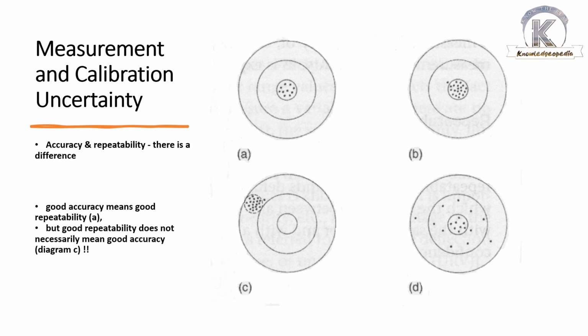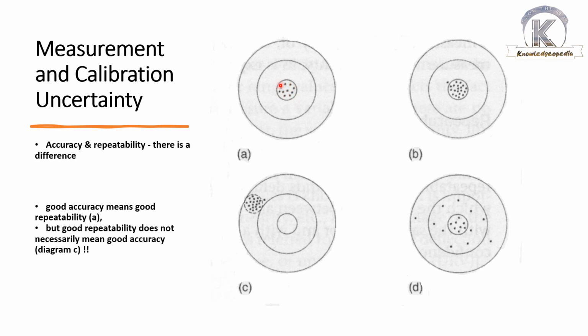So accuracy and repeatability, there is a difference. What is accuracy? Here you can see it's very accurate, okay? So what is the difference between this and this? This is also very accurate, you can see. Sorry, this accuracy is very high, and also repeatability is very high.